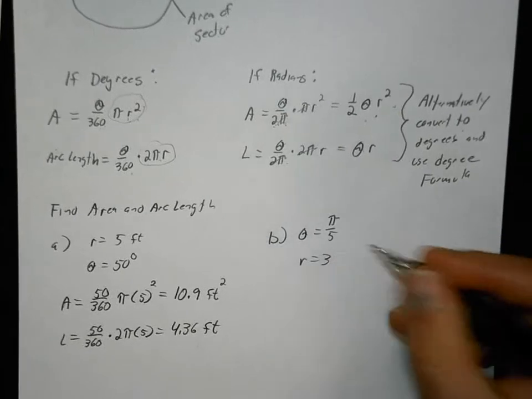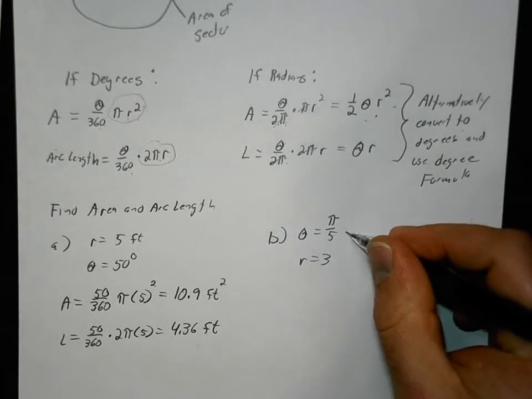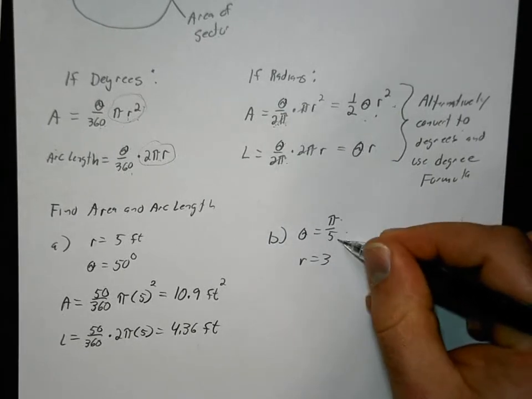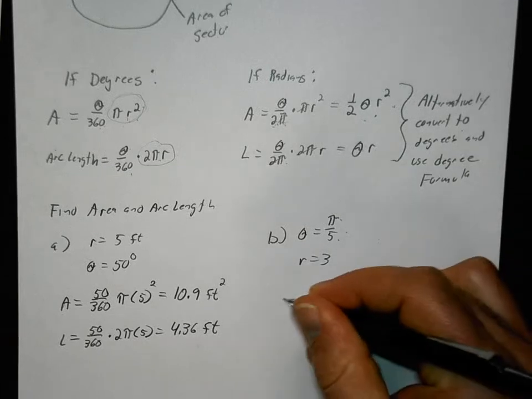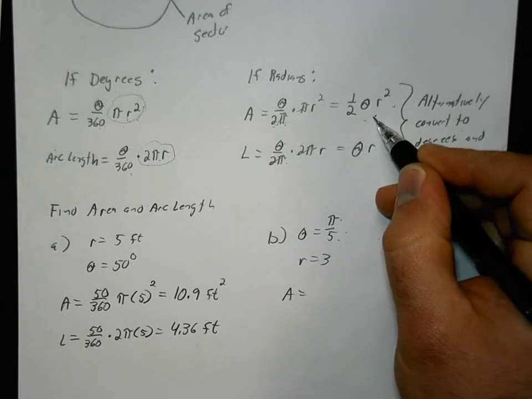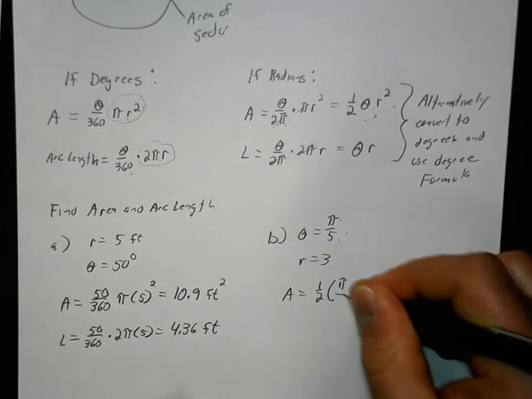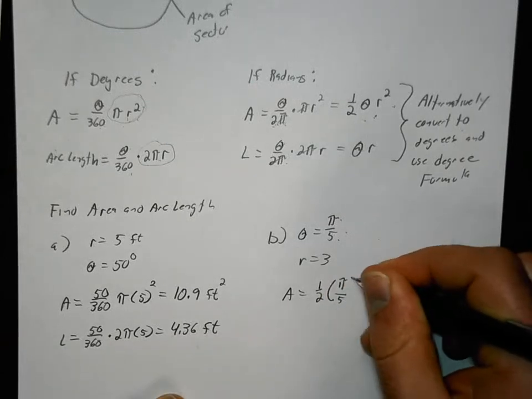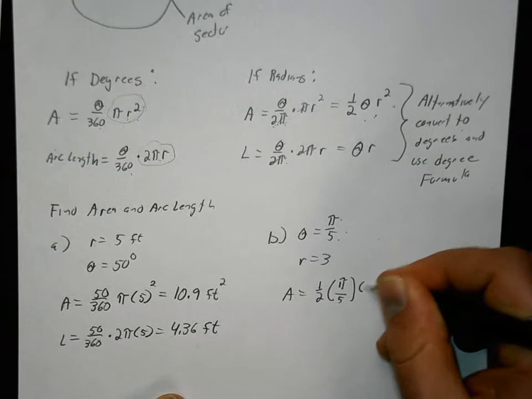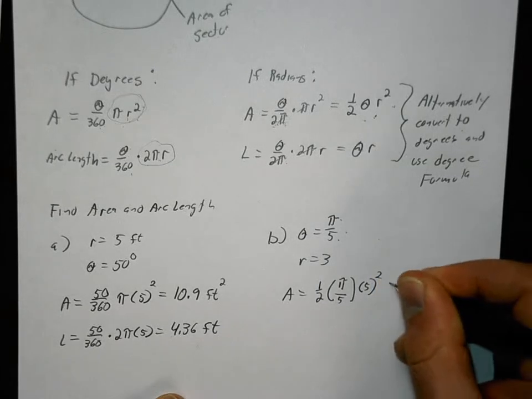Okay, B. Now this one, the angle is pi over 5. It's in radians. So for my area, I'm going to use this formula here: 1/2 times pi over 5 times the radius squared.